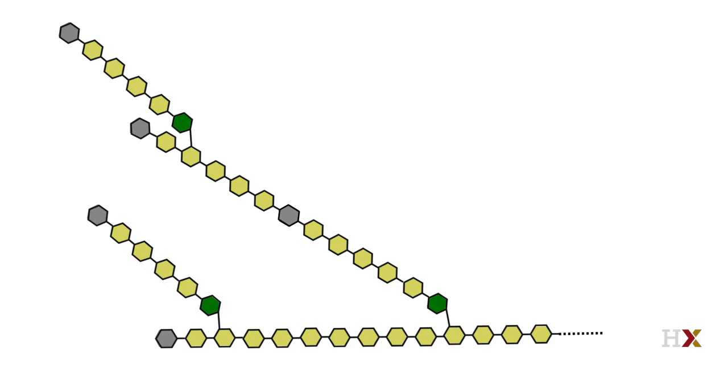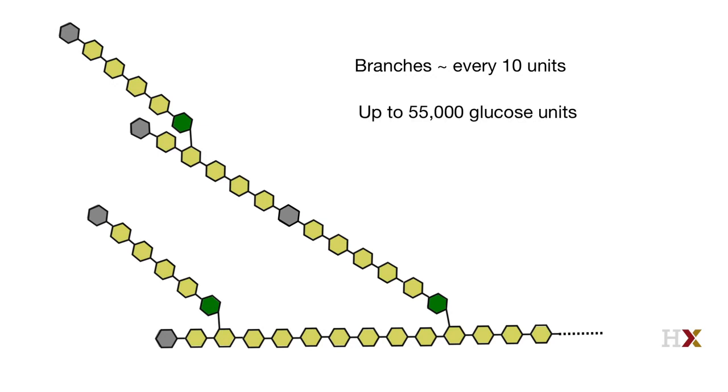On average, branches occur every 10 sugar units. At its maximum size, a molecule of glycogen contains about 55,000 glucose units and about 2,100 non-reducing ends.